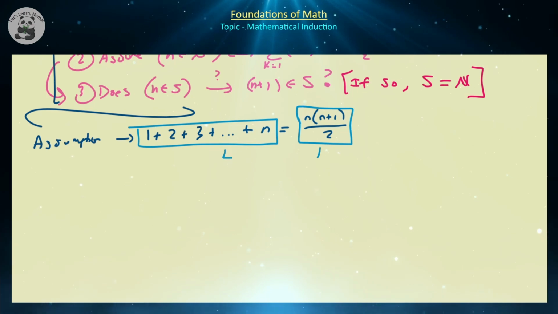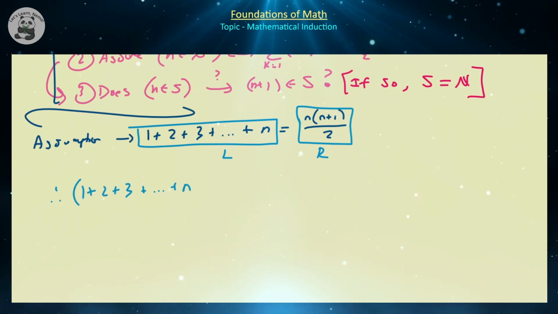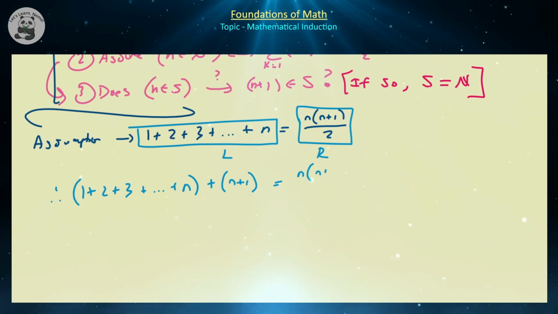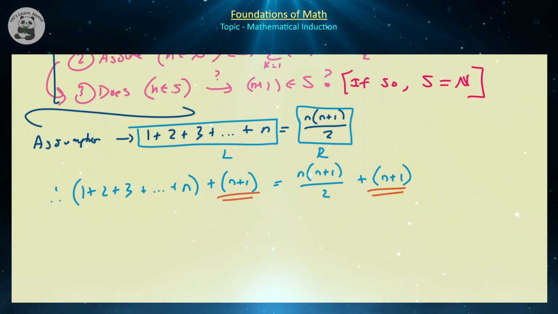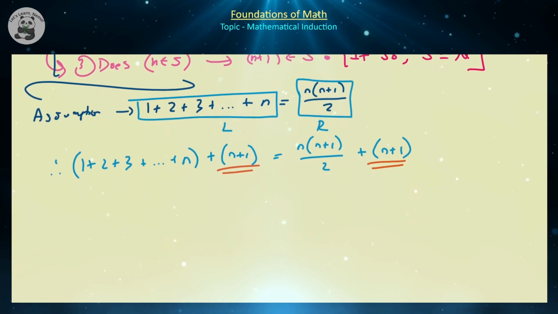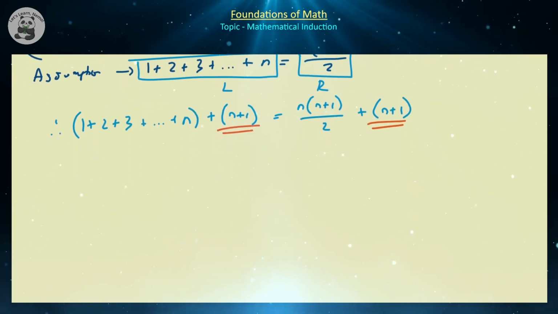Because if left is equal to right, then L plus something is equal to R plus something. So 1 plus 2 plus 3 up to n plus some number is equal to n times n plus 1 over 2 plus that same number. In some sense, I'm just adding 0 to one side of the equation and rearranging.